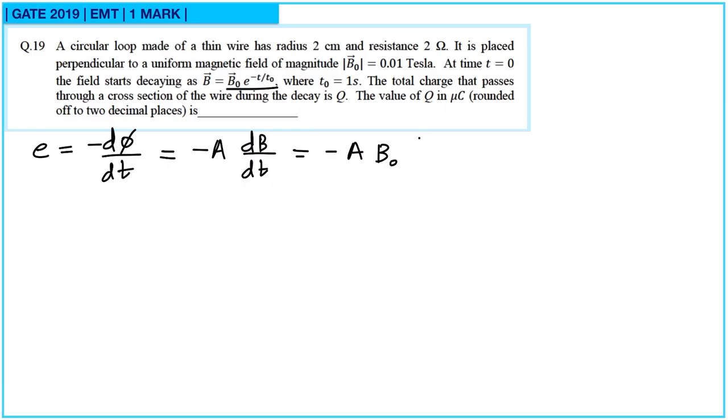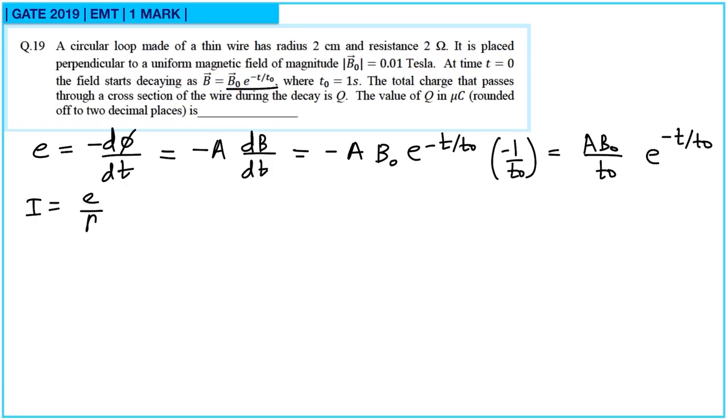Derivative of this with respect to t, so that is e raised to minus t by t naught into minus 1 by t naught, which is equal to A B naught upon t naught into e raised to minus t by t naught. Now current is equal to E by R, so that will be equal to A B naught upon R t naught e raised to minus t by t naught. That will be current.